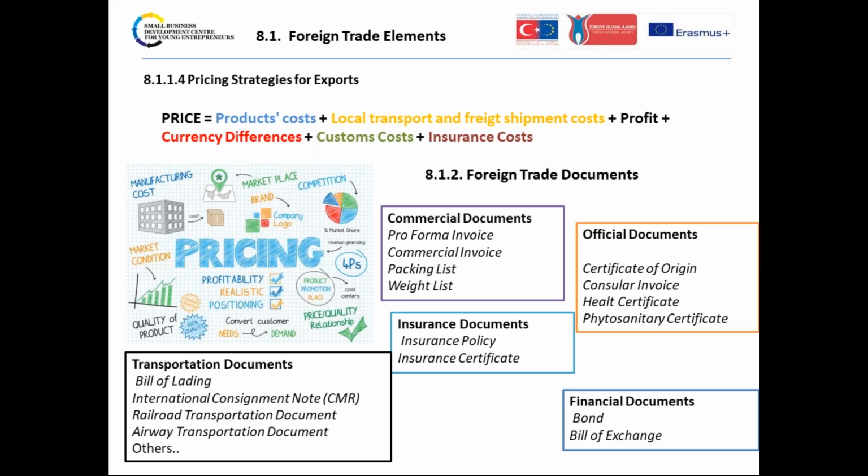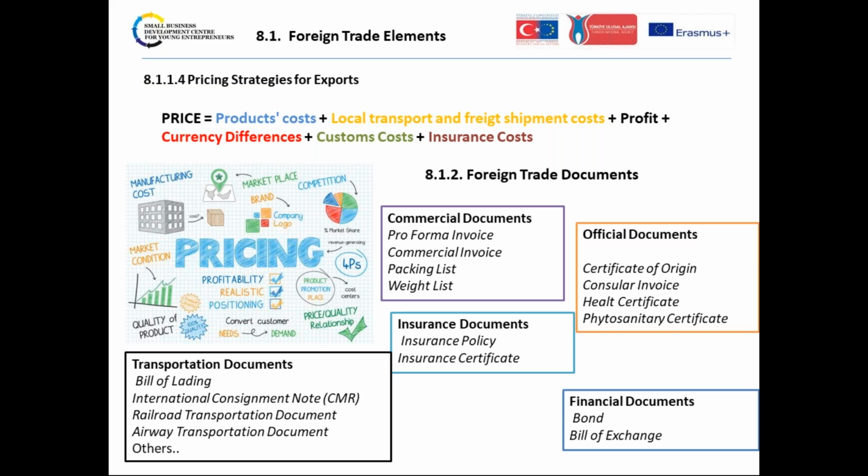So please don't forget to calculate your local transport, because let's say you are in London and you are going to ship your products to another port. You need to calculate the road time and the transport cost between London and the port.